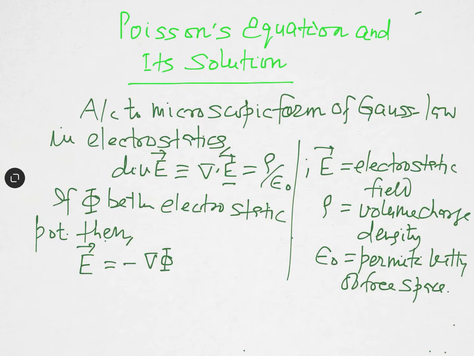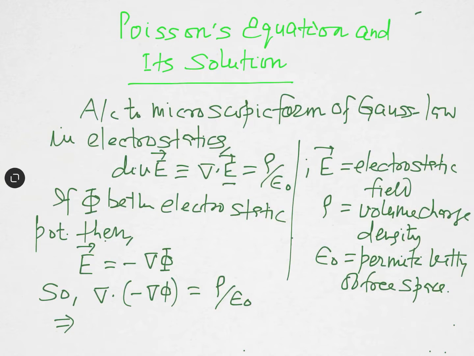Now let us substitute this value of E in the above equation, that is Gauss law in microscopic form. So we will have divergence of E, that is del dot E, and we will write minus del phi in place of E, and this is equal to rho over epsilon naught.